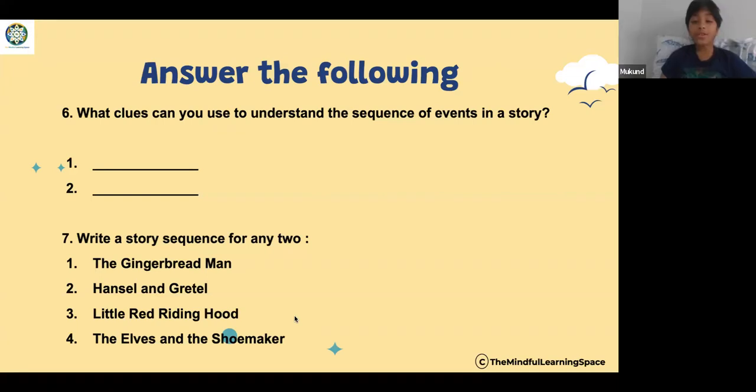We have to do two stories or one story? Two stories. Either Gingerbread Man, Hansel and Gretel, Red Riding Hood, Alice and the Shoemaker, any two stories, and give me the sequence of these stories. No, not a full story. I want only the sequence of the story.